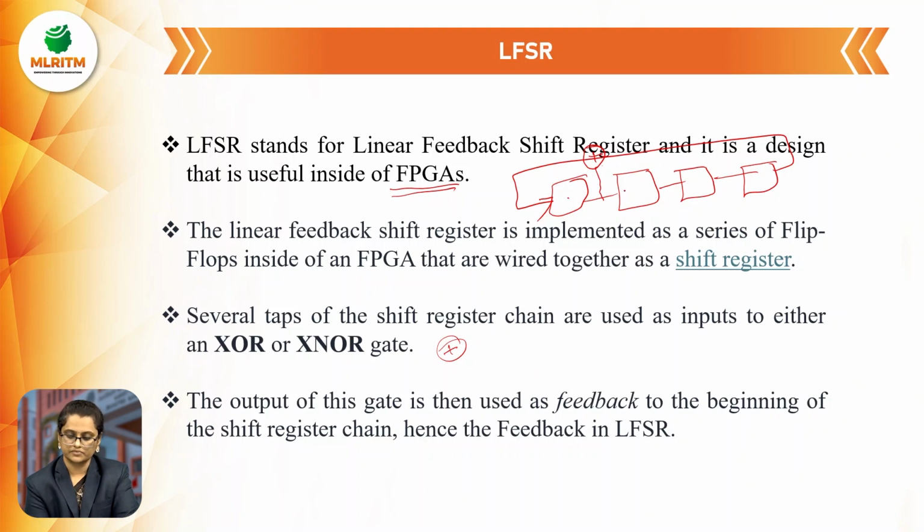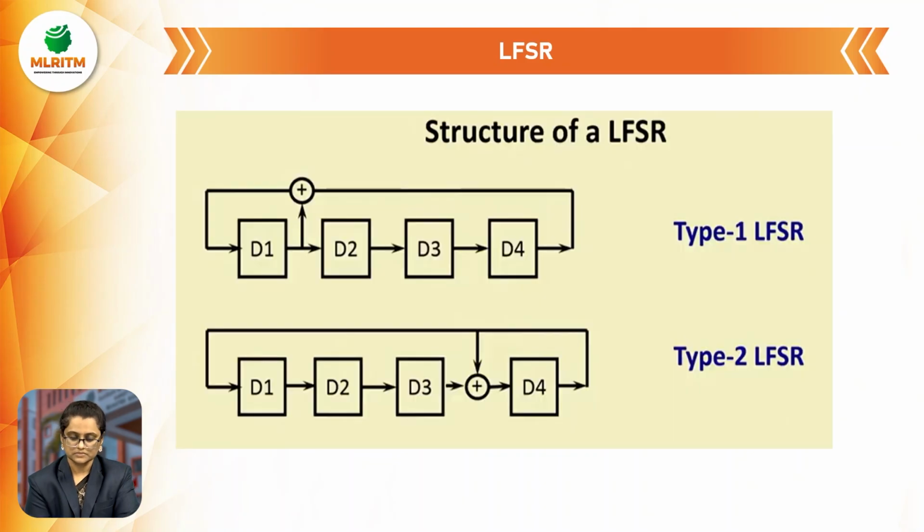See here, all 4 shift registers are connected in series and then fed back to the first input. That's why it is called a linear feedback shift register. We have 2 types of structures.